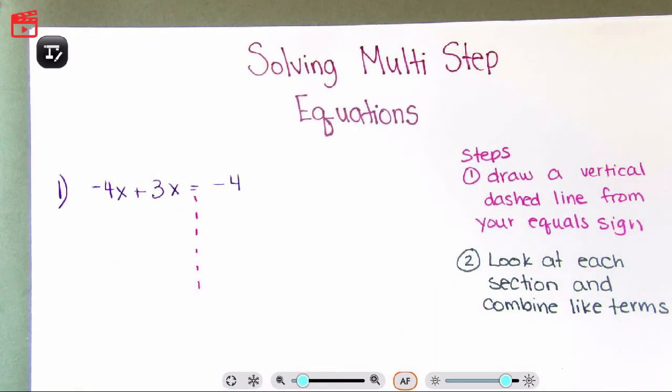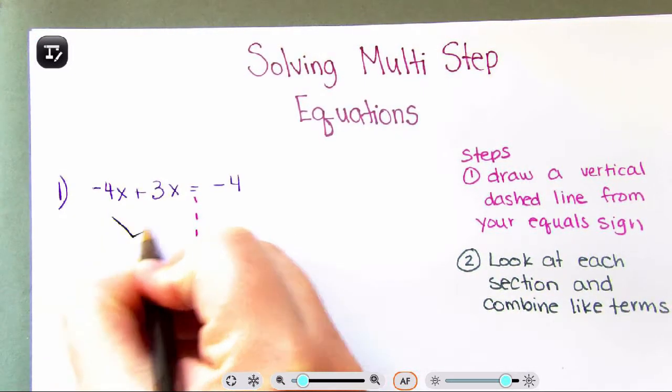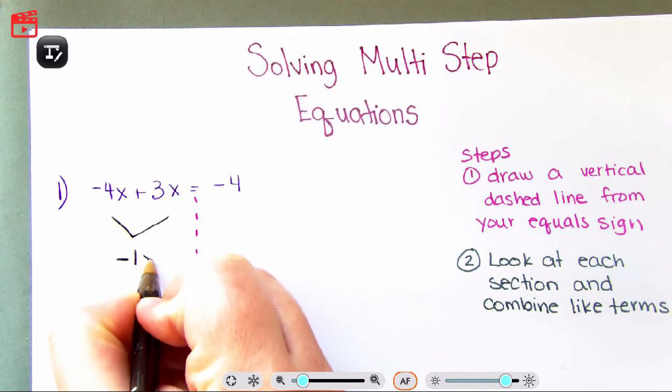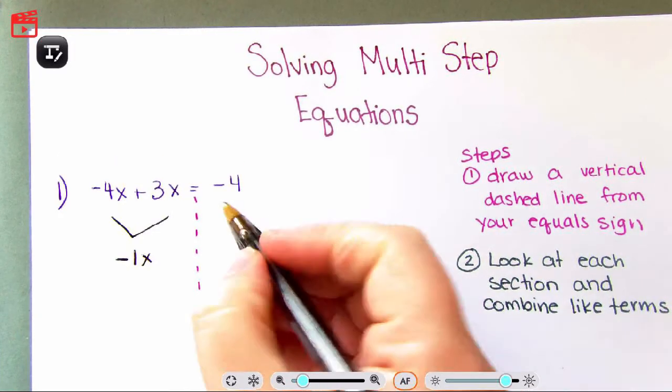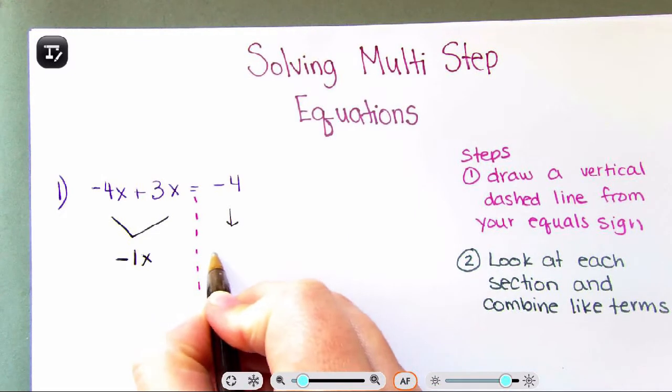Again, if you're not sure how to do this, go ahead and head over to combining like terms. So I have negative 4 and 3. So that means I have negative 1x. Now you don't have to write 1 in front of x. I'm doing it for a reason. And then is there anything to do on this side? There is not. So I'm going to bring that down and say negative 4.